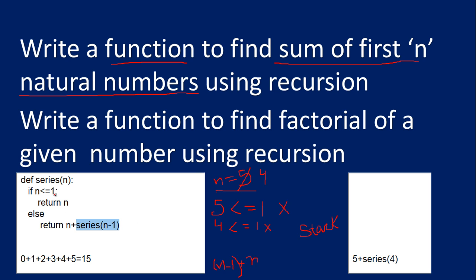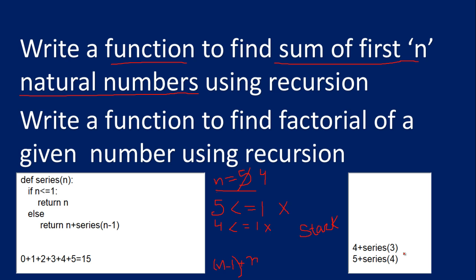So obviously it will move to the next line. Right now the value of n is 4, so again a call is stored in the stack, that is 4 plus series of 3, because n minus 1 is 3.